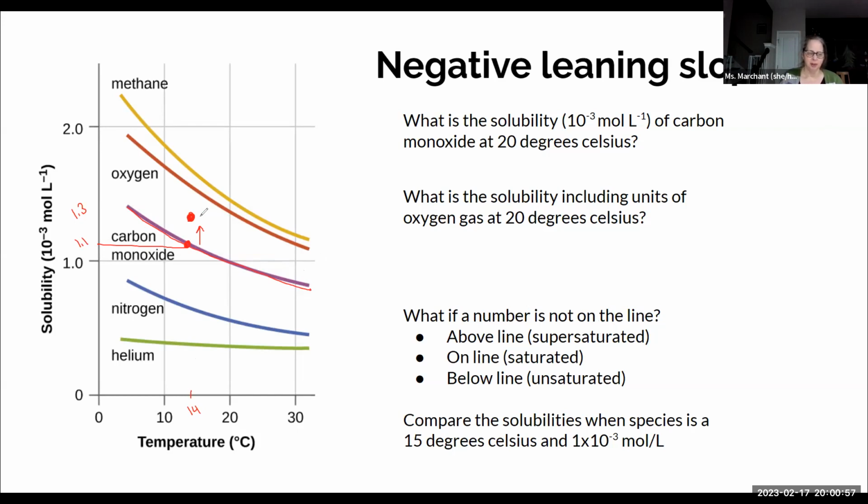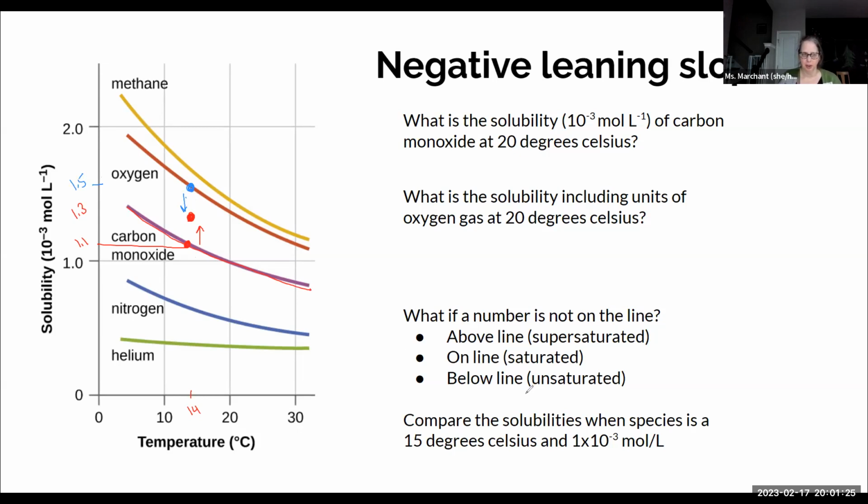So this guy is above the line for carbon monoxide, nitrogen gas, and helium gas, but it's below the line for oxygen gas and for methane gas. So oxygen can handle something like 1.5. So he's like 1.3, oh, that's no big deal. I can easily dissolve 1.3 because that's less solute than what I can handle.